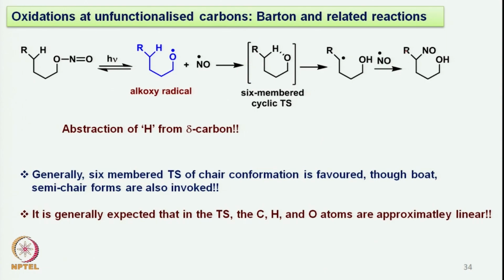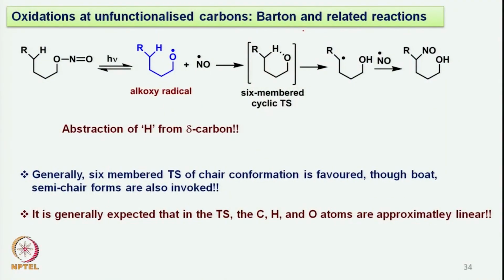Now we will start with another interesting oxidation, which is oxidation at unfunctionalized carbons. It is called the Barton reaction, and there are variations of the Barton reaction. Different types of reagents are utilized, and therefore we will group them as Barton and related reactions.